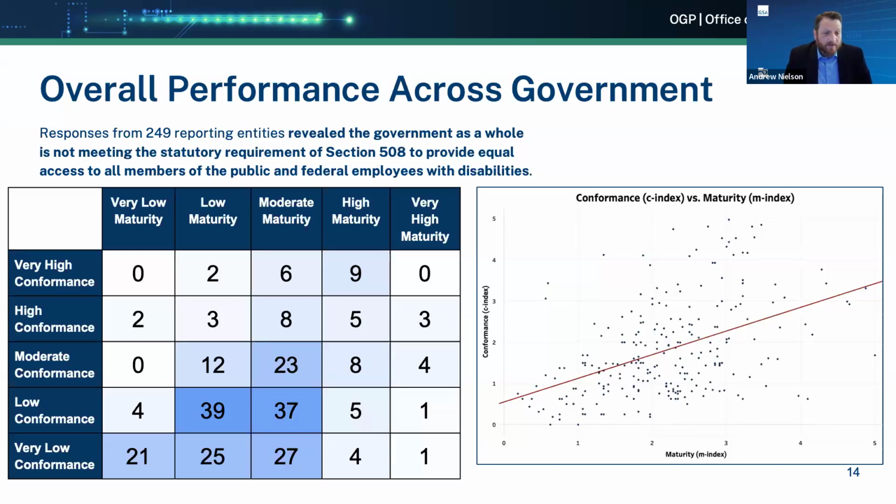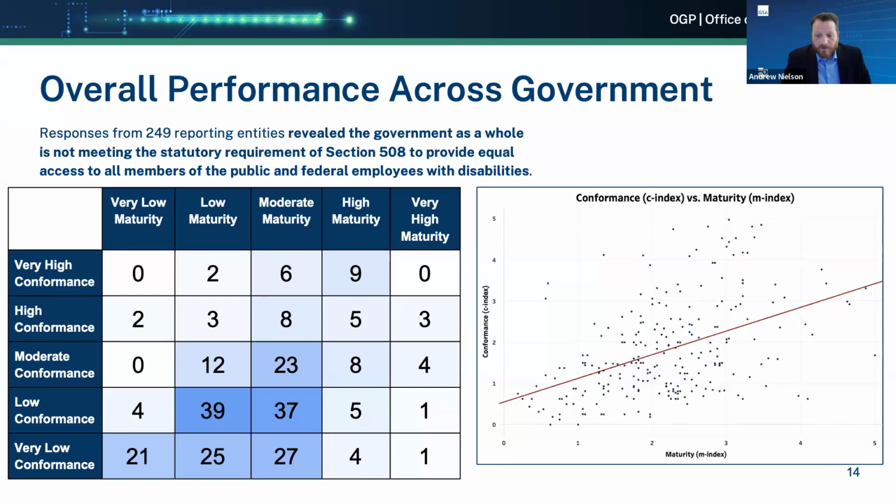And then we also asked specifically about how accessible, or how conformant to the Section 508 standards, certain information and communication technology products are. And we combined those across two indices, a maturity index and a conformance index, and each are on a 5-point scale, from very low to very high. And what I'm displaying here on the screen is a representation of where agencies fell in that 5x5 matrix against the maturity and the conformance indices.